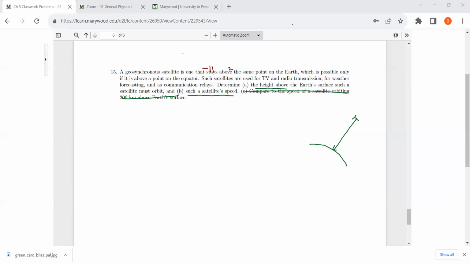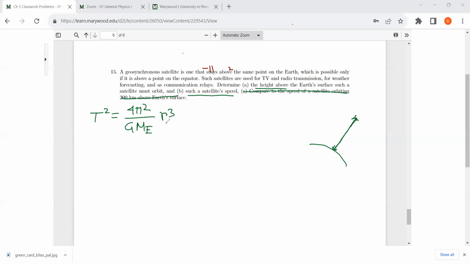All right, so to solve this problem we can start with the same equation that we used in the last problem. So this is 4 pi square G M e, r cube. It asks us to calculate this distance from the surface of Earth.